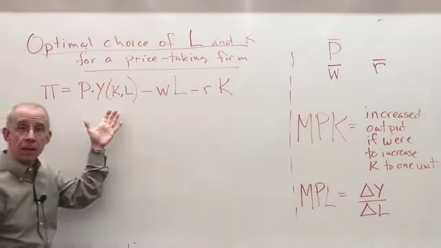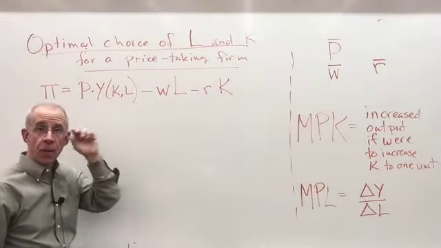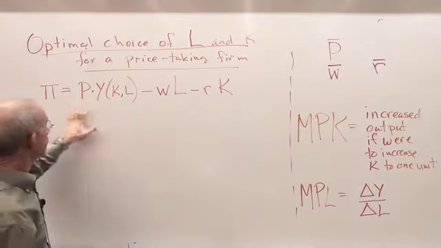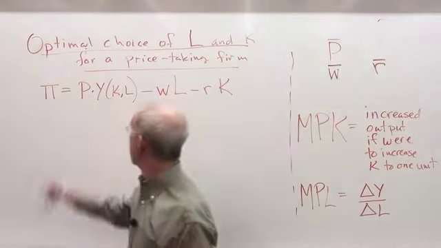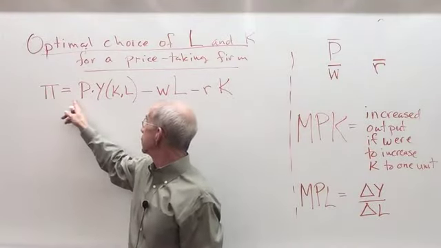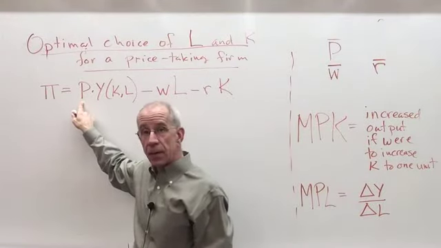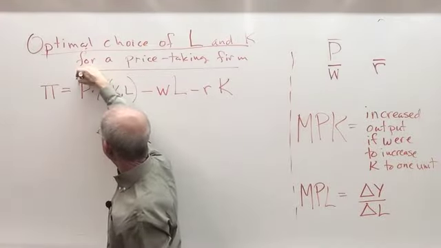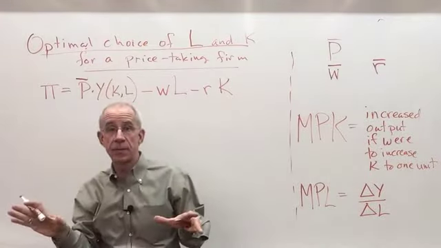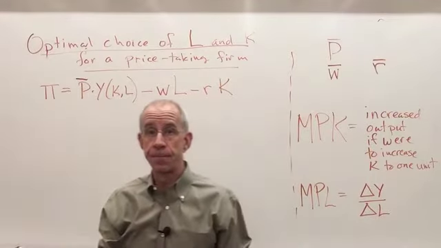So now we've got the profits for the competitive firm written out here. We've got profit equal to the price of the good, which is constant. They can't affect the price by assumption.